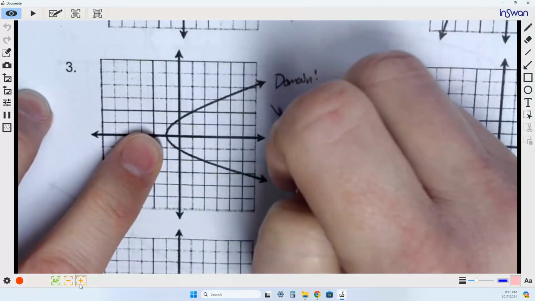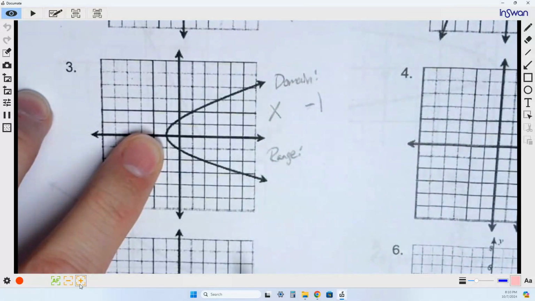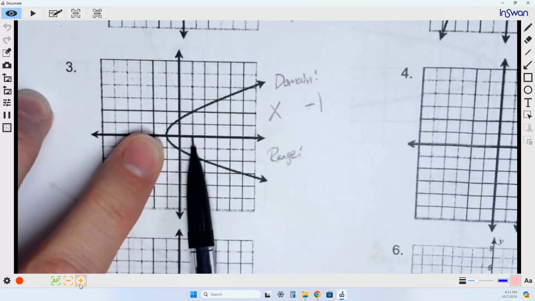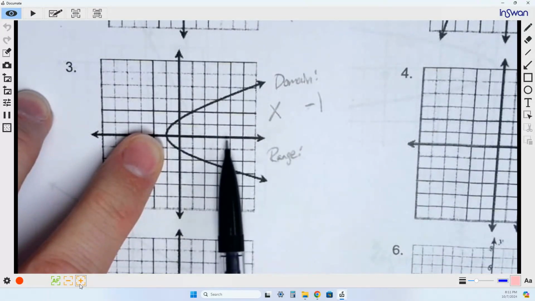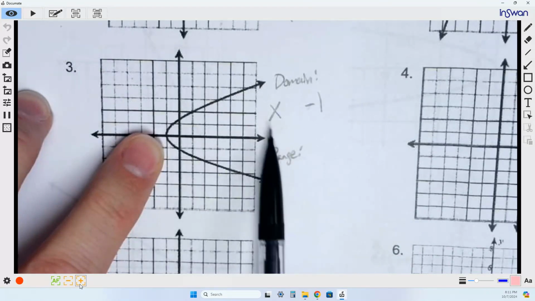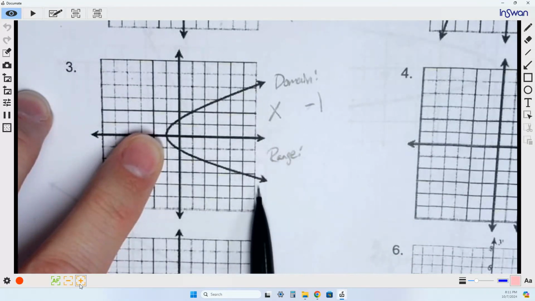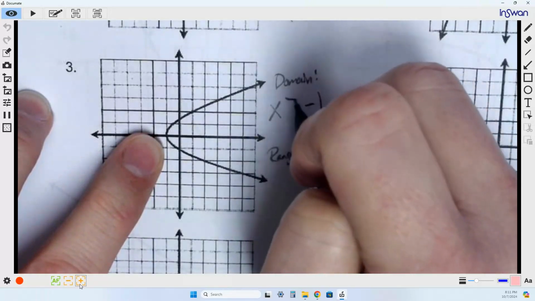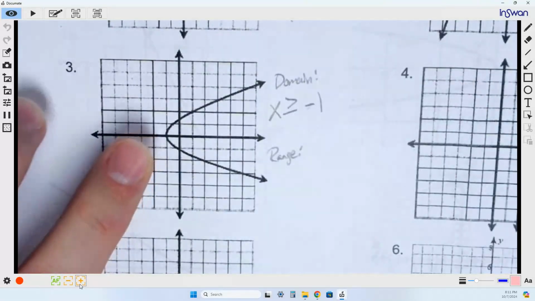And I'm dealing with my x value, because it's domain, so x. And then if I look, -1, 0, 1, 2, 3, 4, everything is going this direction, and my arrows show me which direction I'm going. Okay, so everything's going to the right, so my numbers are getting bigger, so x is going to be greater than or equal to -1.